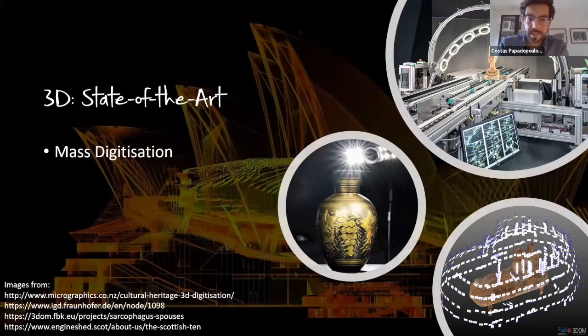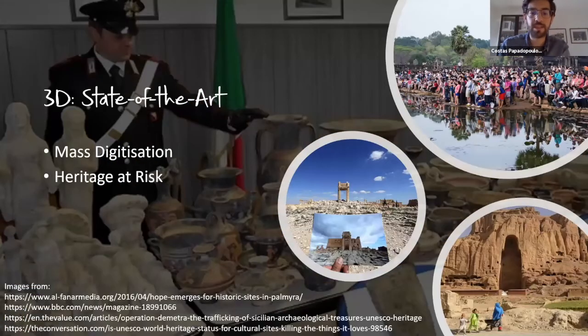So in the last decade, we have experienced an increasing rate and amount of digitization, especially 3D digitization of cultural heritage. We have seen EU and nationally funded projects, special task forces, communities, and we have seen even big corporations like Google Arts and Culture embarking on the 3D digitization of cultural heritage.